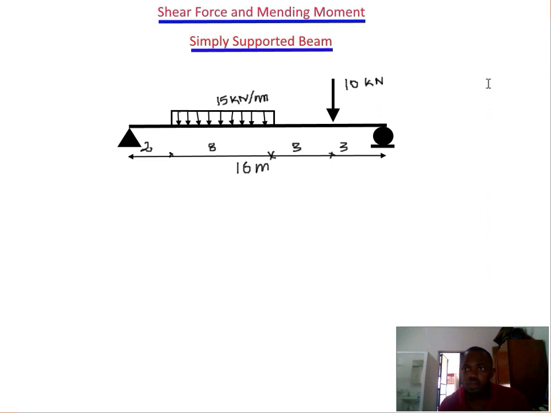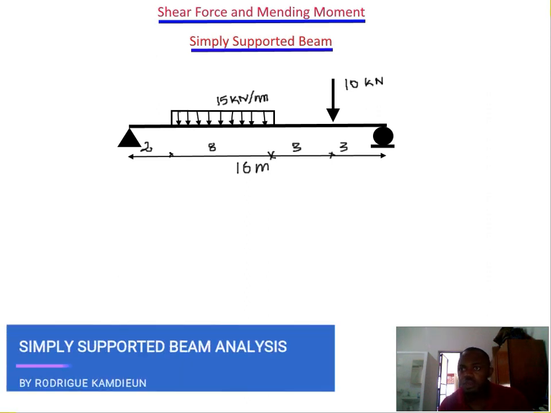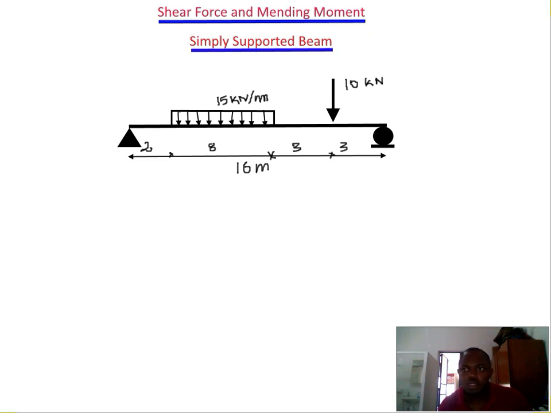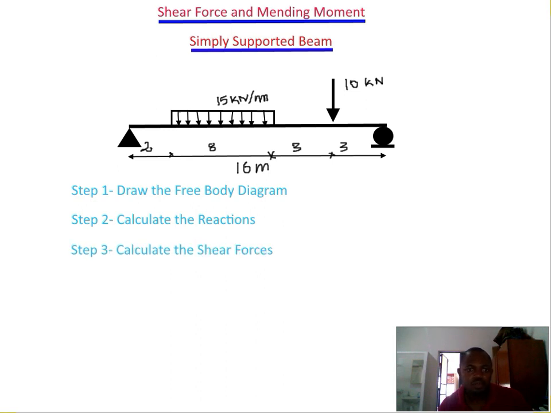We are going to start by drawing the free body diagram, then calculate the reactions, calculate the shear forces, calculate the bending moments, and finally draw the shear force and bending moment diagrams. Let's jump into it.